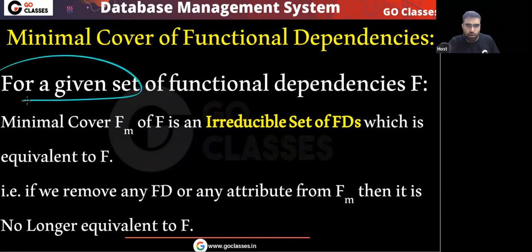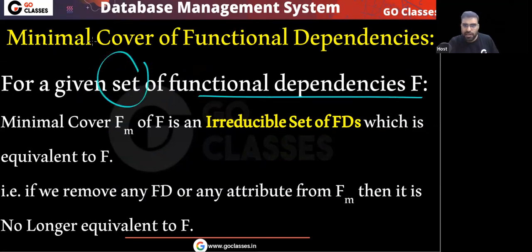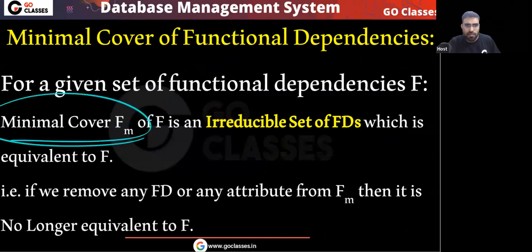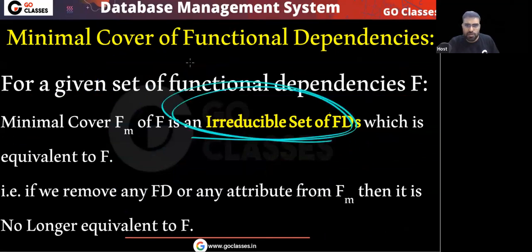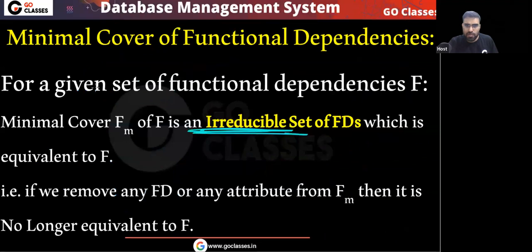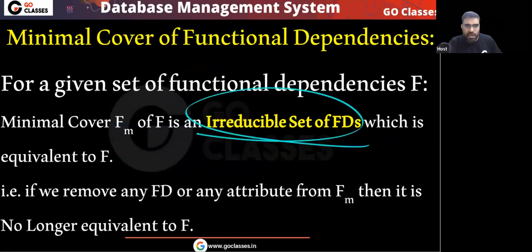For a given set of functional dependencies F, a minimal cover is basically an irreducible set of FDs. Irreducible means you cannot reduce further. It means you cannot remove any attribute or any FD.